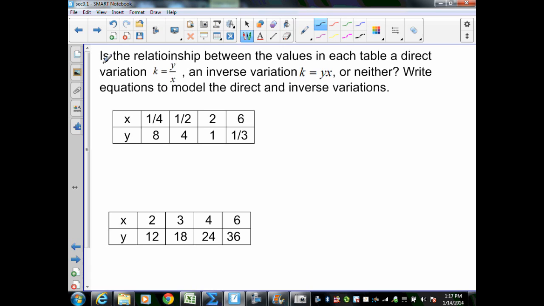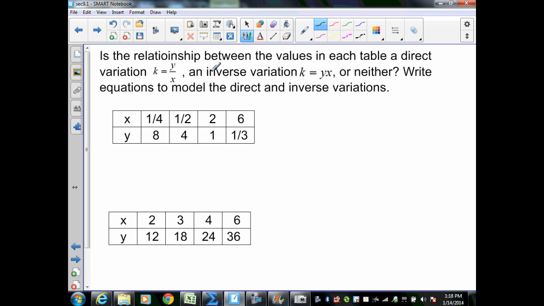In this example, I want to determine, is the relationship between the values in each table a direct variation? In this case, my x values would increase and my y values would increase, and each ordered pair ratio of y over x would have the same constant of variation, or same value.